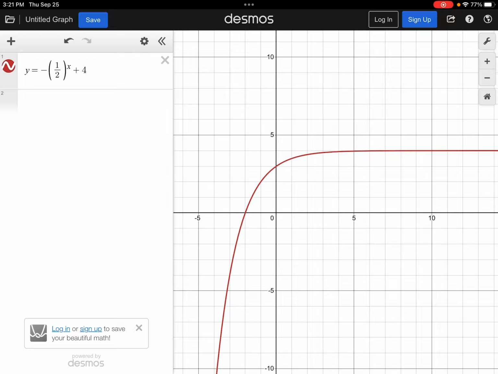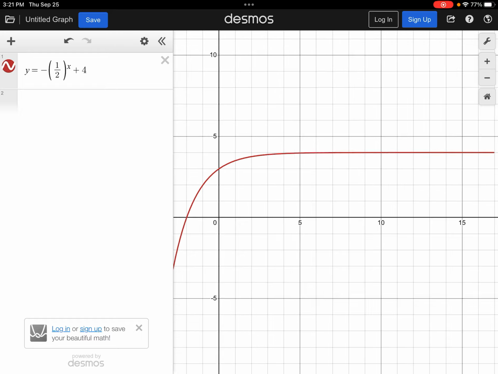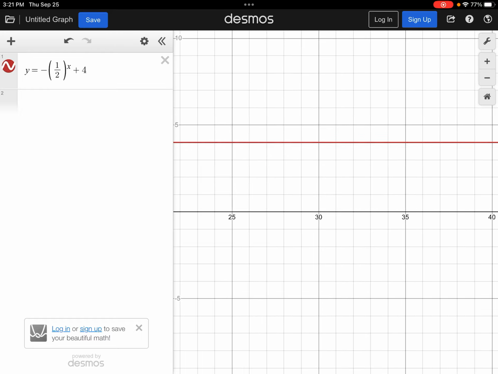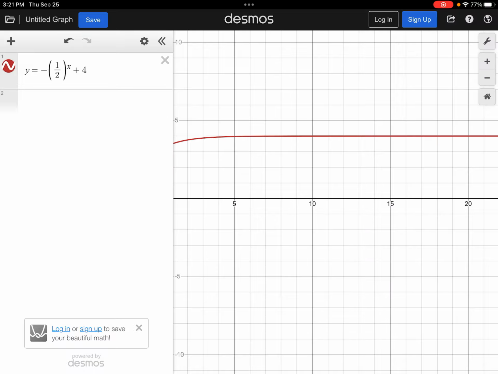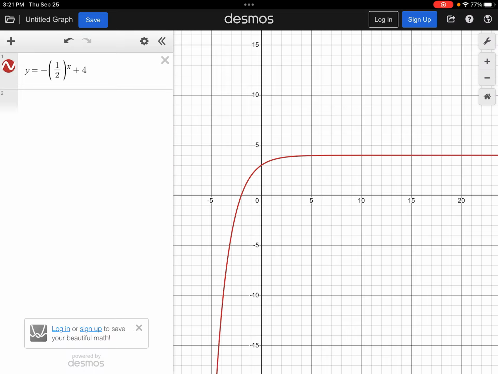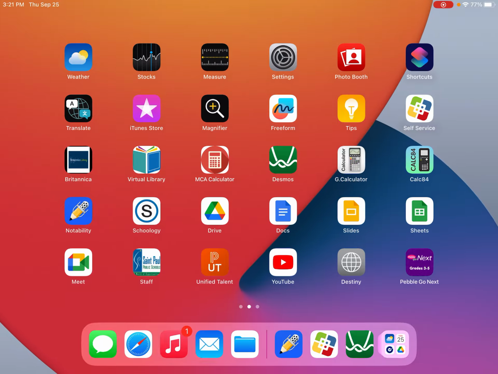It gets really, really close to 4 for a height, but it actually never reaches it, but it still is increasing, even if it's only a very, very small increase. As we go this way, look, right? It never goes up to 4. It looks like it does, but it actually never touches. So just kind of a weird function there. That one doesn't have a max either.